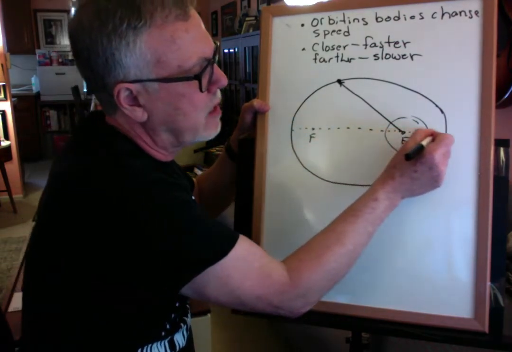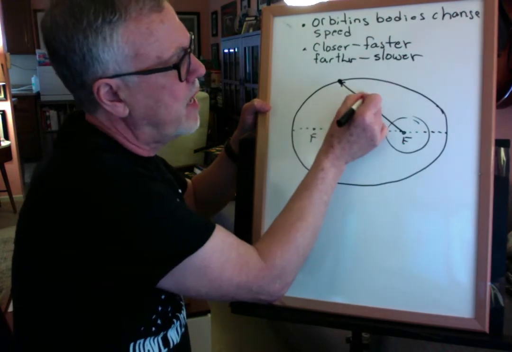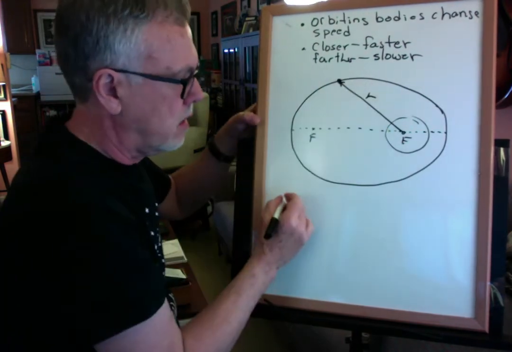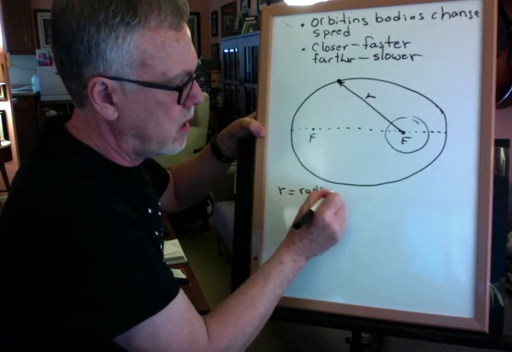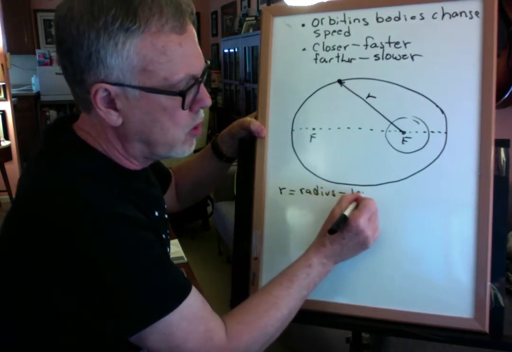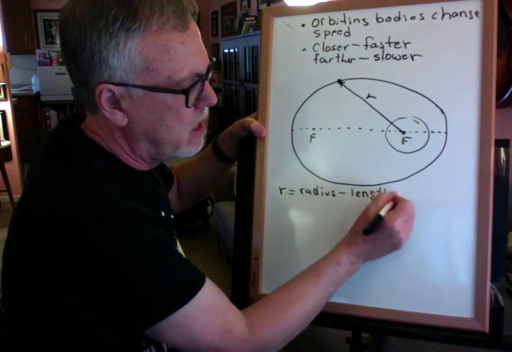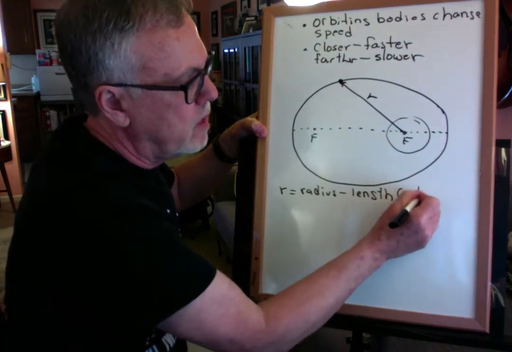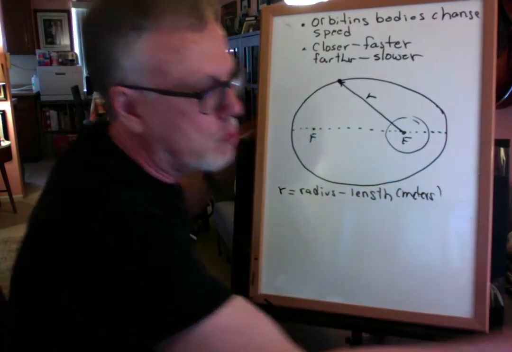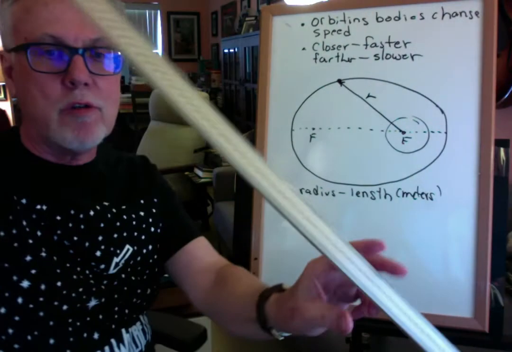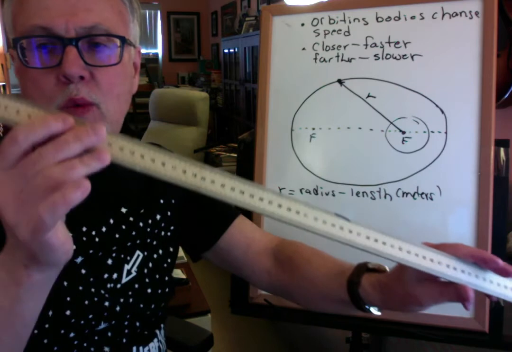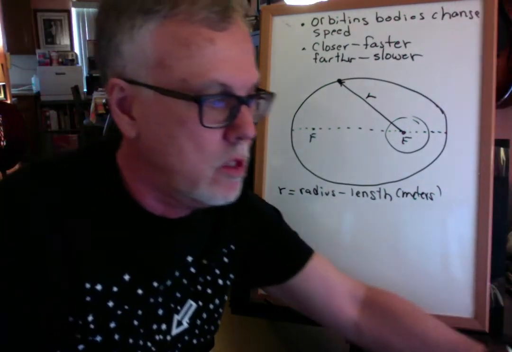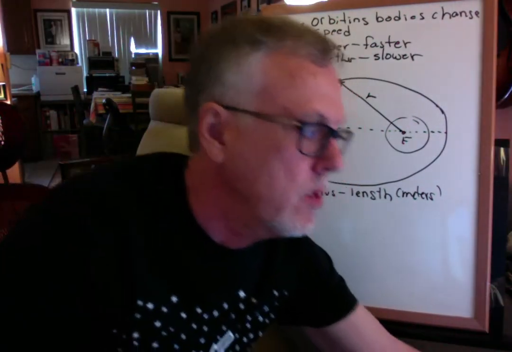Let's get some major axis right here. We call that line a radius. So R is known as the radius. And really what we're referring to is the length of that line in terms of the units of meters. And just to remind you, a meter stick looks like this. So this is 1 full meter, which is the set unit we use for length in the sciences.